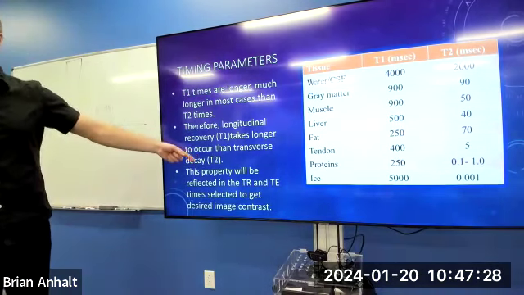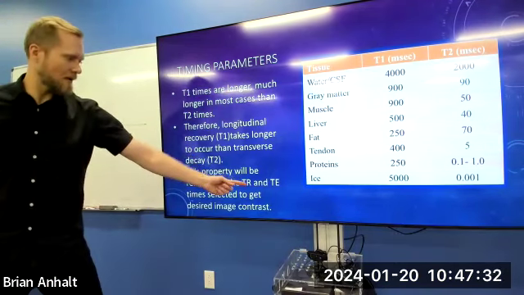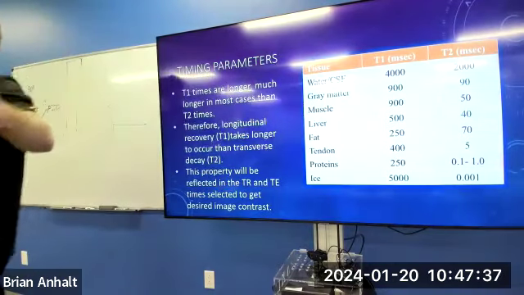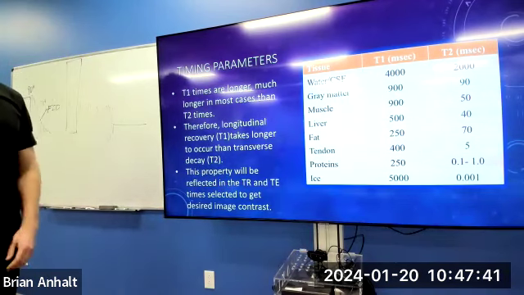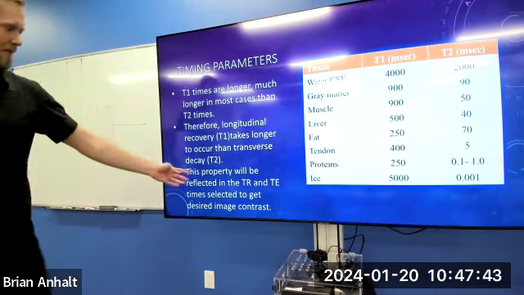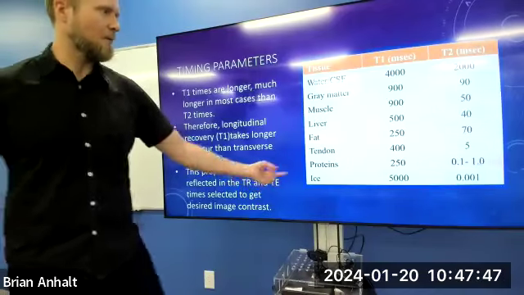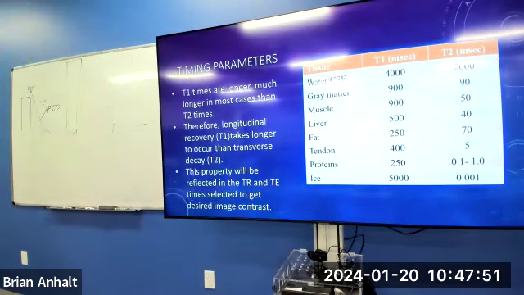And what controls T1 information? TR, right? Since it takes longer, our TRs are going to be much longer. You're going to see them being much longer than our TEs. TE being the extrinsic contrast parameter that controls T2 decay, or the amount of T2 decay we see before we collect the data.